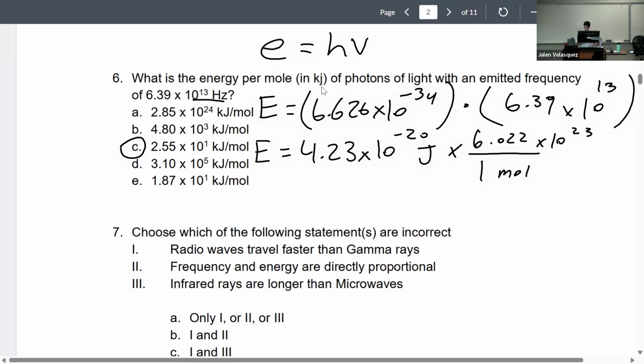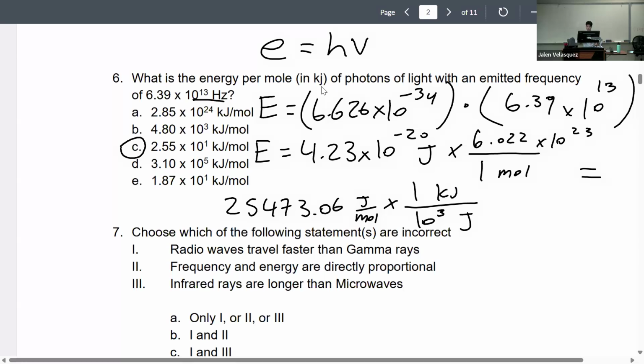So when you do that, I'm going to write that down here, you will get, it's a pretty big number, 25,473.06 joules per mole. But then I want kilojoules per mole. So we know we just divide that by 1,000, right? So when you do that, you will get answer choice C. Okay.